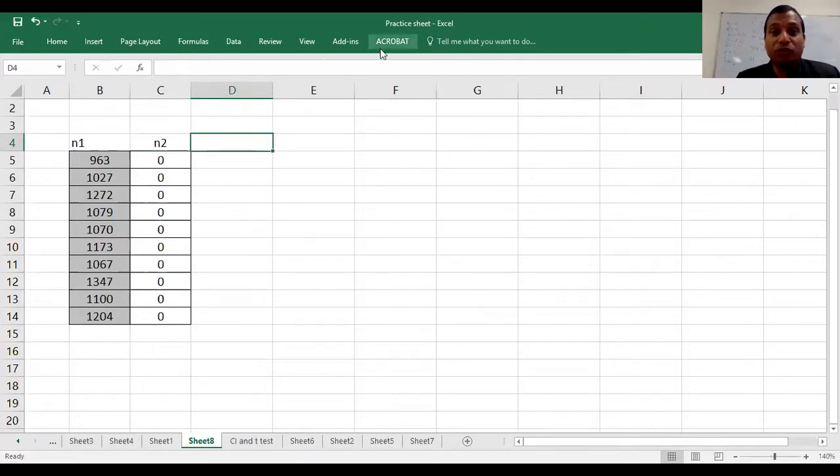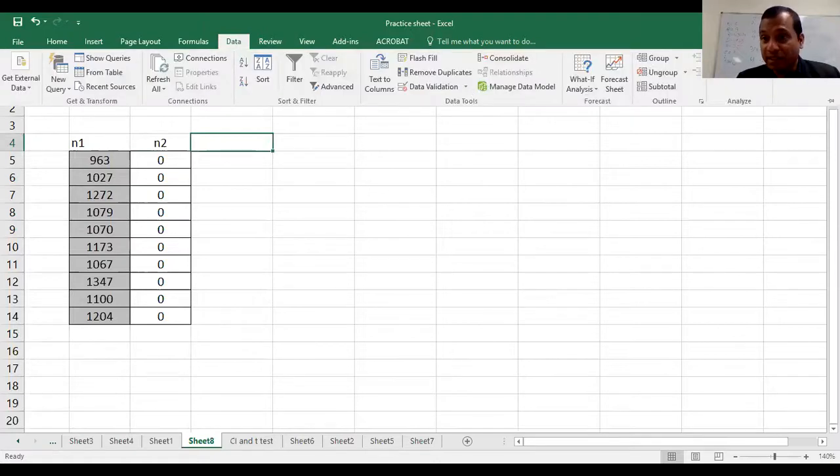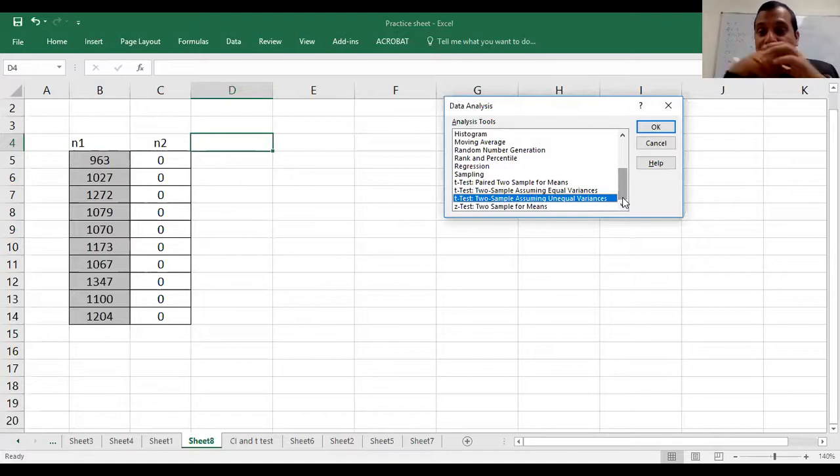Now go back once again to the Data Analysis. Which option will you choose out of the three? T-test paired two sample for means? No, it's not a paired one.